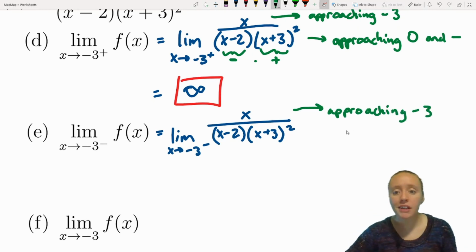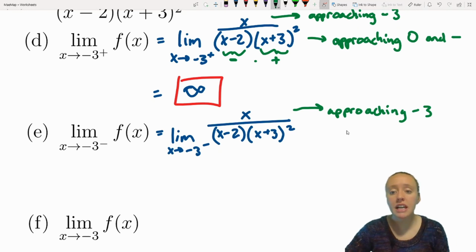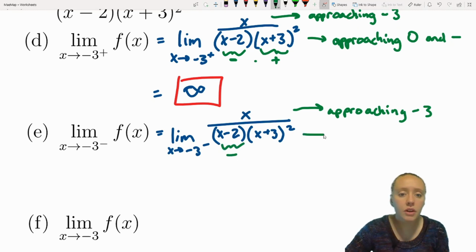So we know our numerator in this next part E is approaching -3. Our limit is different because now we're approaching -3 from the left. So let's take a look at our denominator. Well, as we get closer to -3, numbers from the left, this is always going to be negative. So this factor is negative, and we already know that our overall denominator is approaching 0, so I'll fill that in as well.